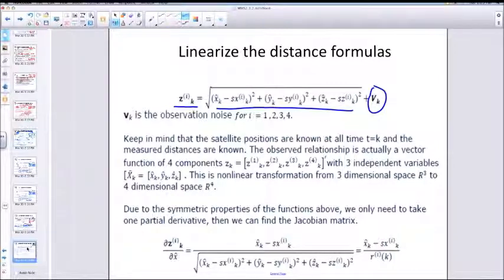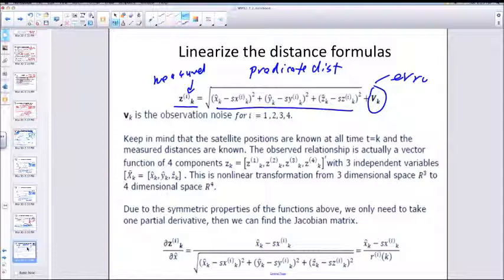So this is the measured distance. And this is the predicted distance. Why is it predicted? Because the X hat, Y hat, Z hat is the predicted position. You don't really know where you are. Then that's the error.